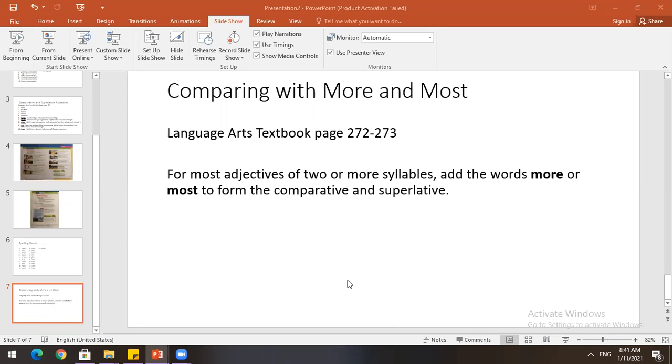So we can't say more beautifuler. We know that this is incorrect. If we have a 1 syllable or sometimes 2 syllable word, we add ER or EST, but once it has more than 2 syllables, it must be more or most if we are comparing.